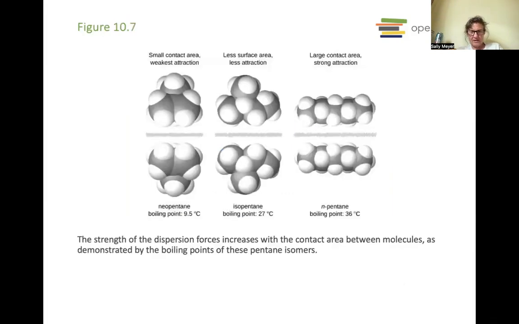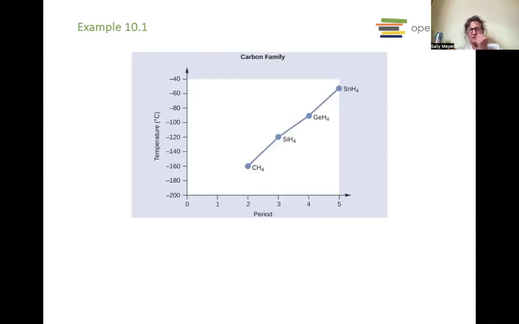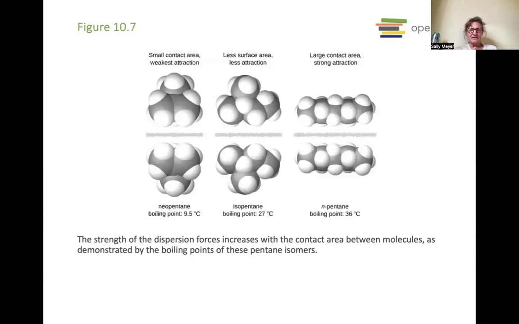So not only do dispersion forces increase with the size of the atom, they also increase as you change the shape. You can have a molecule that has the same number of carbons and hydrogens in it. And remember, you can put them together in different ways to make different structures, and then we call those isomers.